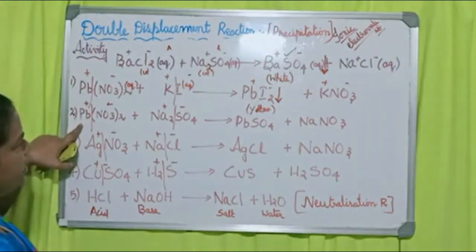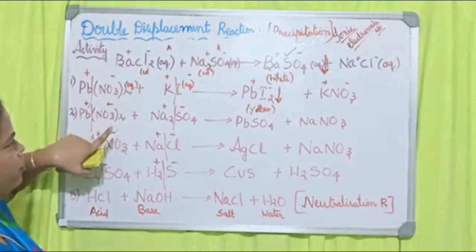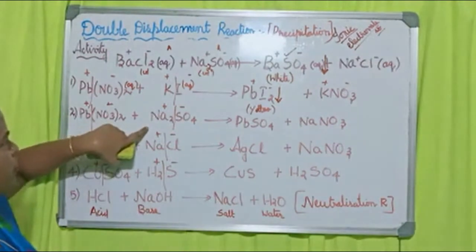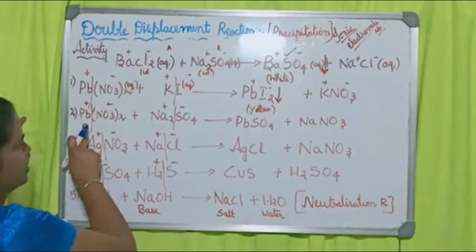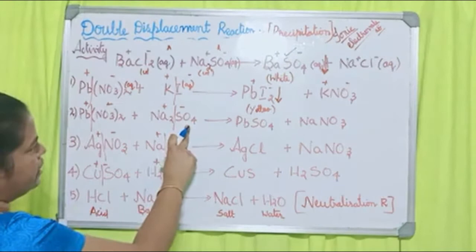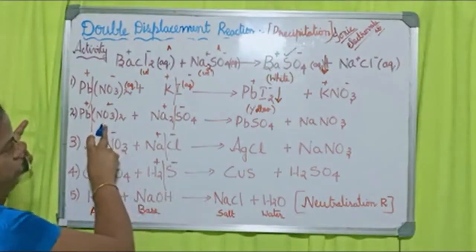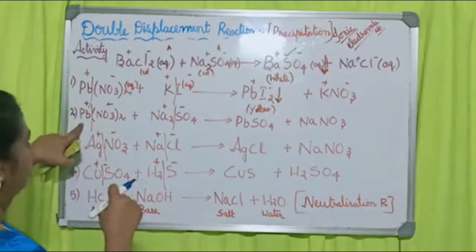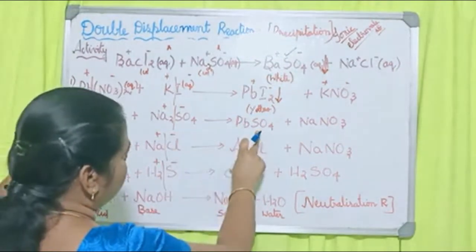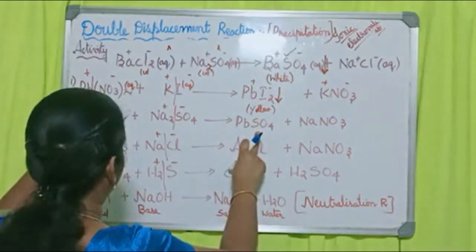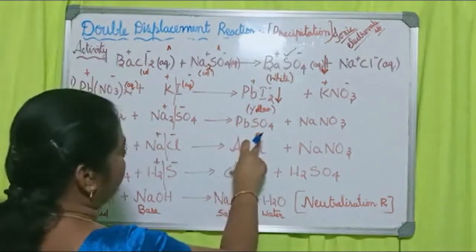Here, lead nitrate plus sodium sulfate. If you mix lead nitrate and sodium sulfate, the first positive will go and combine with the second negative, and the second positive will come and combine with the first one's negative. So PbSO4, that is lead sulfate, plus sodium nitrate.